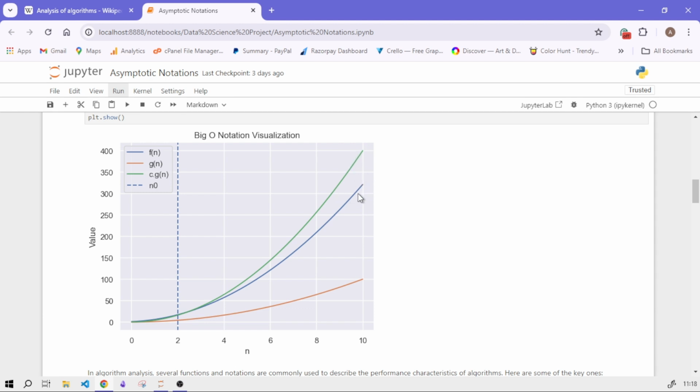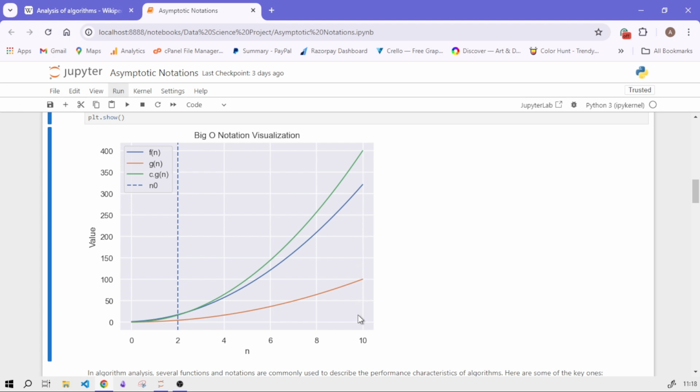So this is c g(n) and f(n) is here. This means it is not going to cross this particular curve, so it is not going to go out of this range. It is always going to be within this range, and this is what we call big O notation.